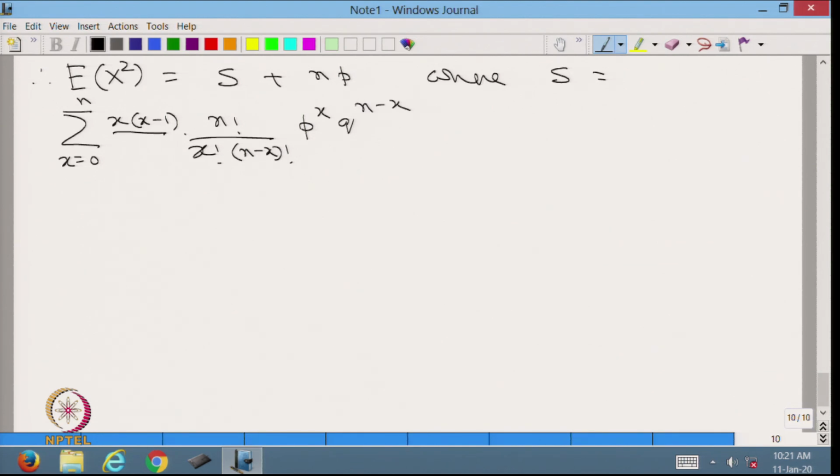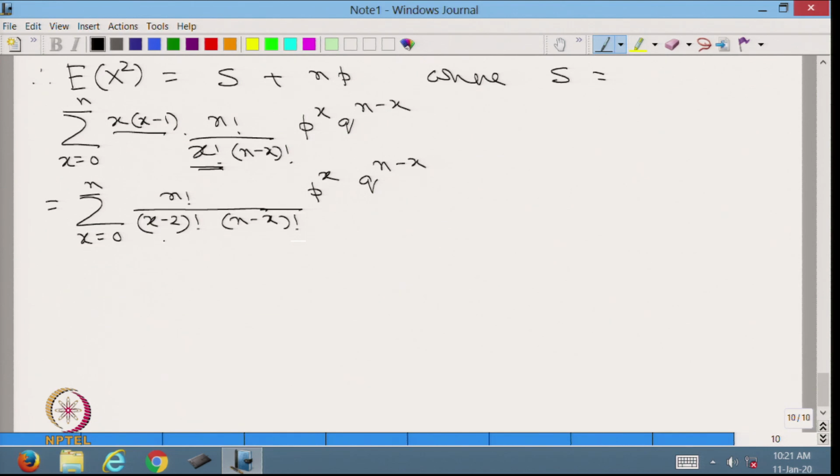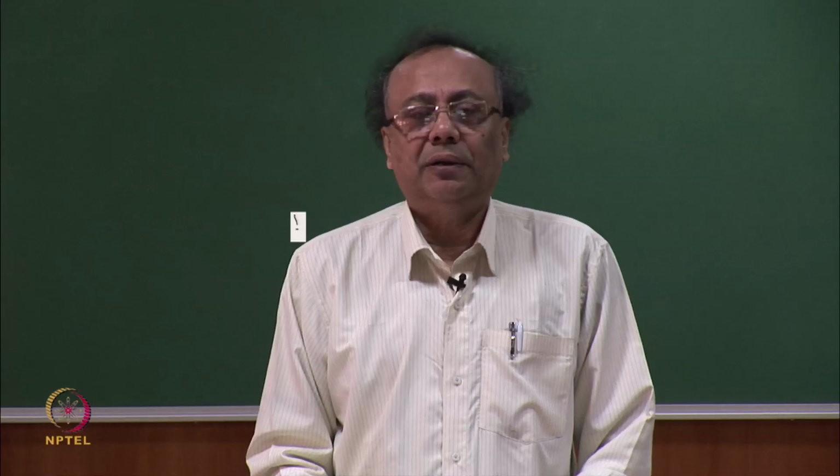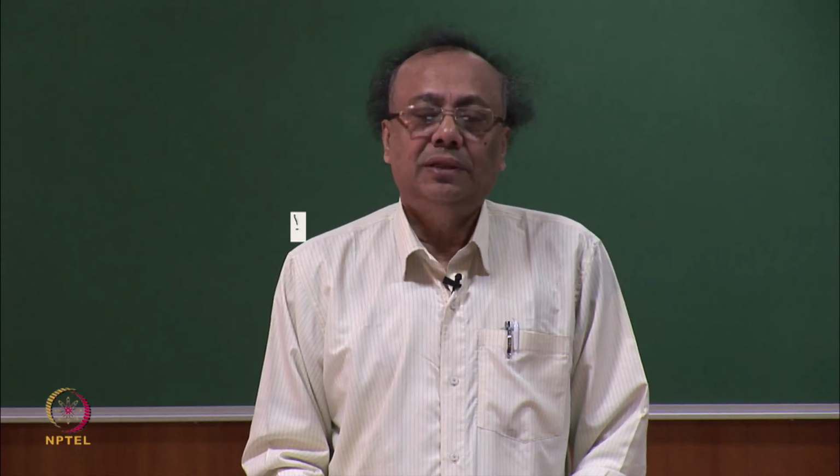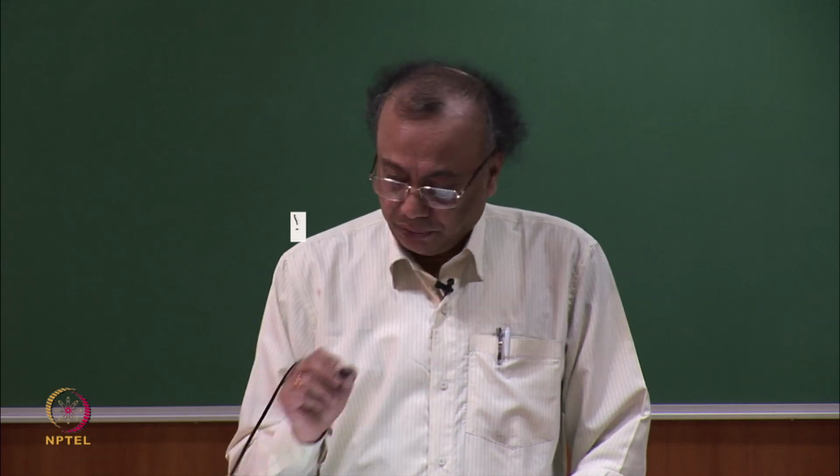Now, we cancel x into (x minus 1) with factorial x. So, two terms will be cancelled. What we are left with is sigma x equals 0 to n of n factorial over (x minus 2) factorial (n minus x) factorial, p to the power x q to the power n minus x. Since the factorial of a negative number has no meaning, we can change the limit of the sum from x equals 2 to n.